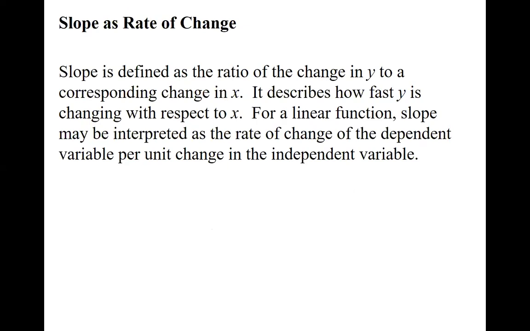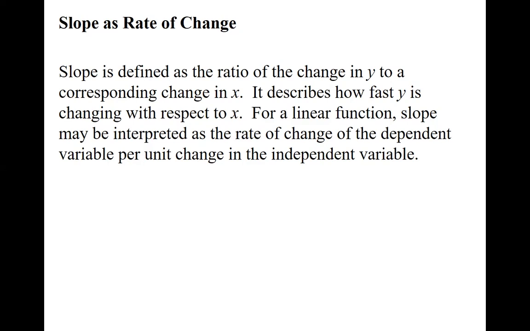Okay, so slope can also be thought of as a rate of change. Since slope is defined as the ratio of rise to run, that's a change in y to a change in x. It describes how fast y is changing with respect to x. For a linear function, slope may be interpreted as the rate of change of the dependent variable per unit change in the independent variable.